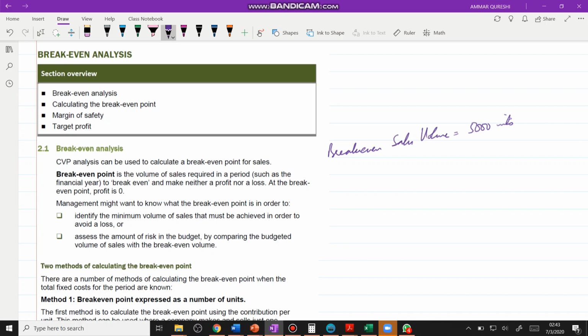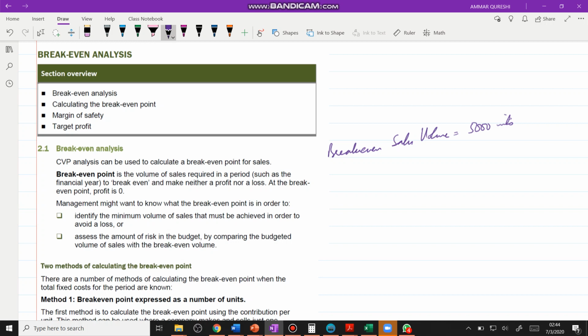So the company will try to sell at least some units more than 5,000. And if a situation comes and we are expecting that sales volume will be less than 5,000, then we will try to promote something, to do something in order to bring sales volume over and above 5,000 units.